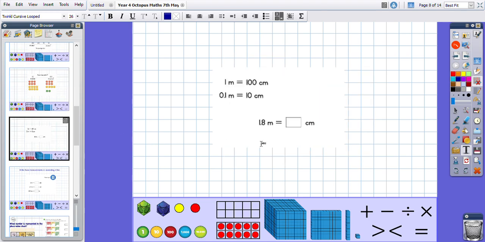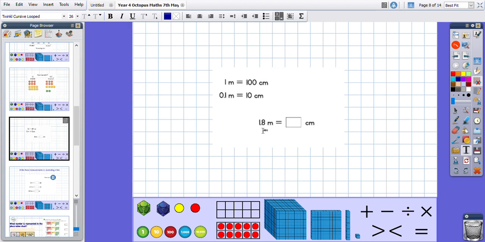Finally then, if we have metres and centimetres in some of our questions today, we need to know how many centimetres are in metres. So we know that 100 centimetres are in 1 metre, and we know that 10 centimetres are in 0.1 metres. So in that case, if we've got 1.8 metres, how many centimetres is it?